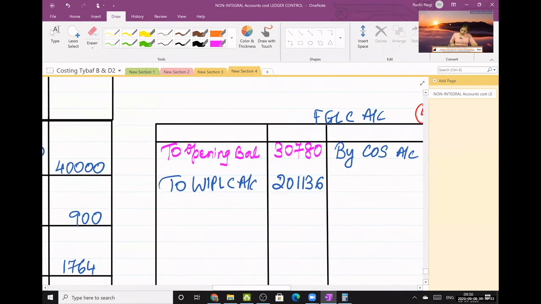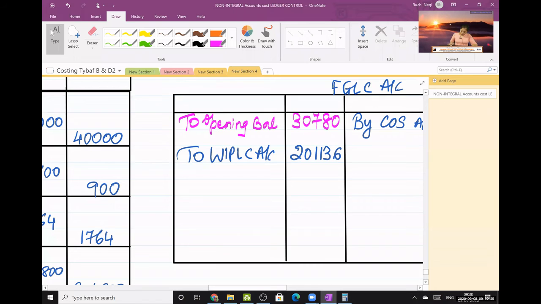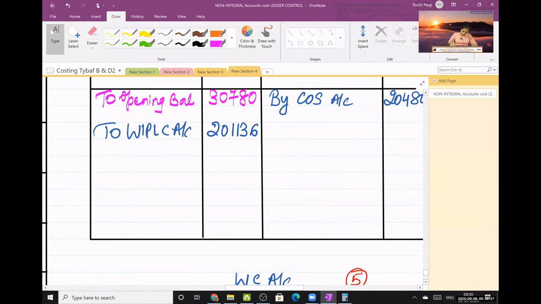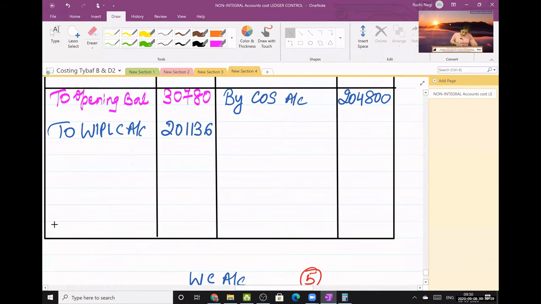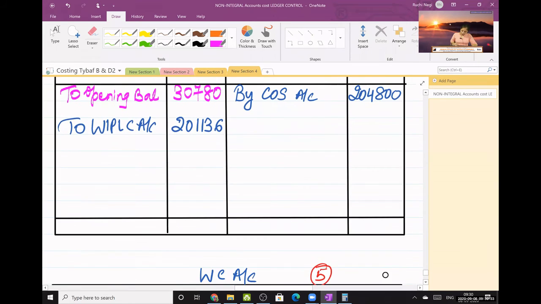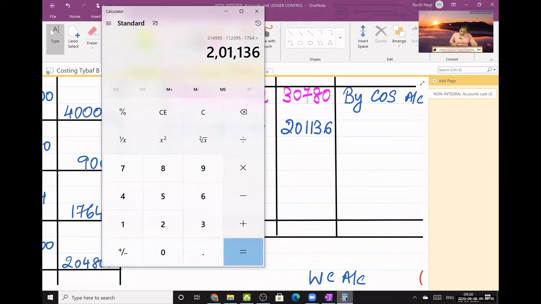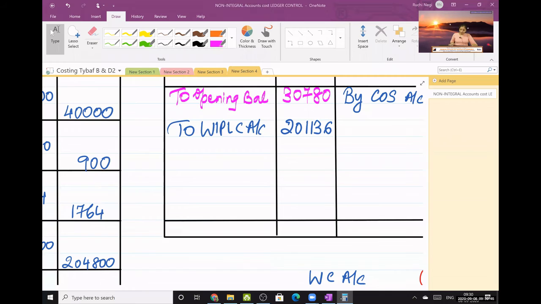Now come to finished goods. This finished goods ledger. $47.80 plus 2,01,136, 2,31,916.